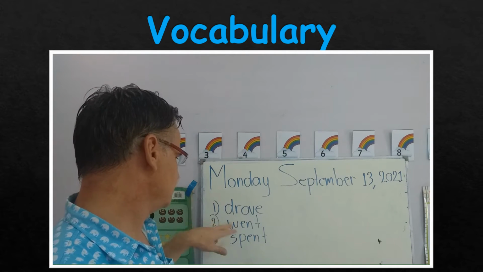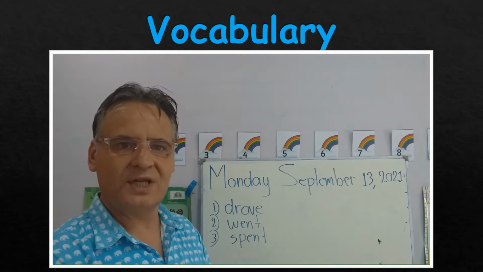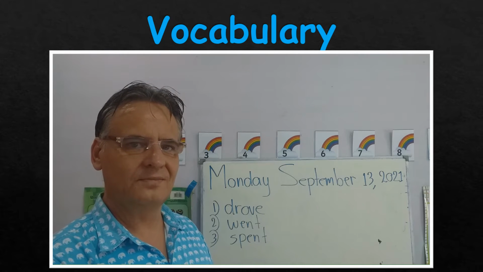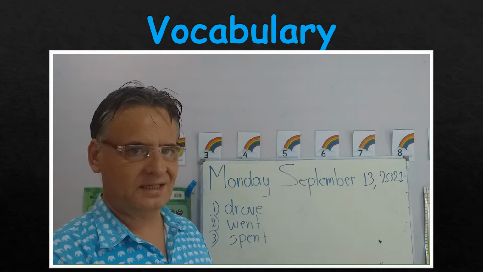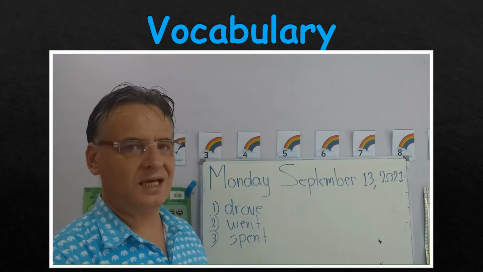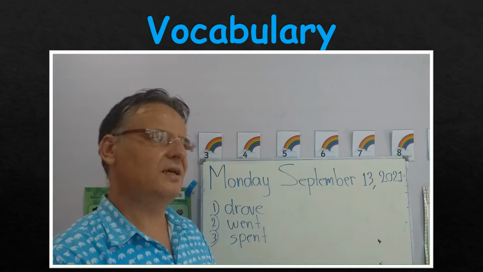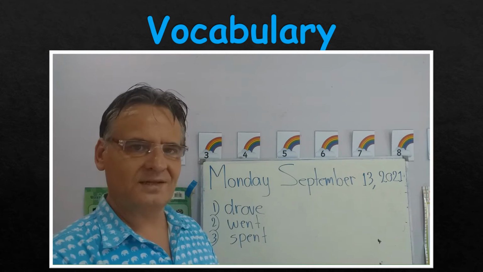Number one, drove. The word is drove. This is a word in the past tense. You can say yesterday I drove, not today I drove. Or you can say in the morning I drove. What is the present tense for this word?